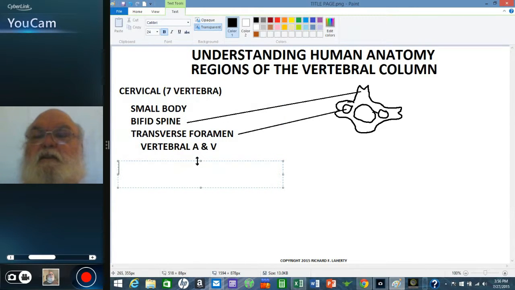The second region we're going to talk about is the thoracic region. The thoracic region, region of the chest, has 12 vertebrae within it.